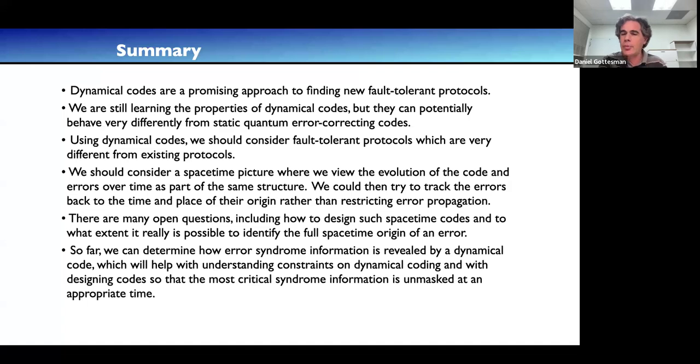So trying to do the optimal thing for an arbitrary code is definitely going to be a hard problem. But how do we get around that with error correcting codes? Well, we work with special codes that have an easy decoding problem. And so presumably we want to do something similar with dynamical codes, that we have a special family of dynamical codes where making decisions is much easier. But again, I have no real idea how to find or design such protocols.